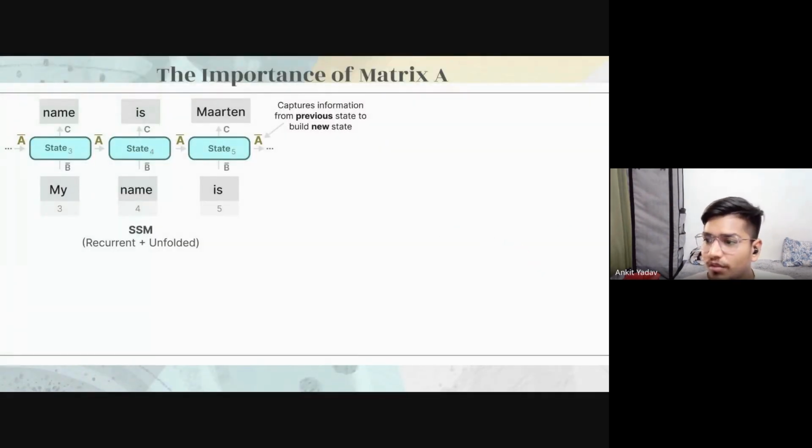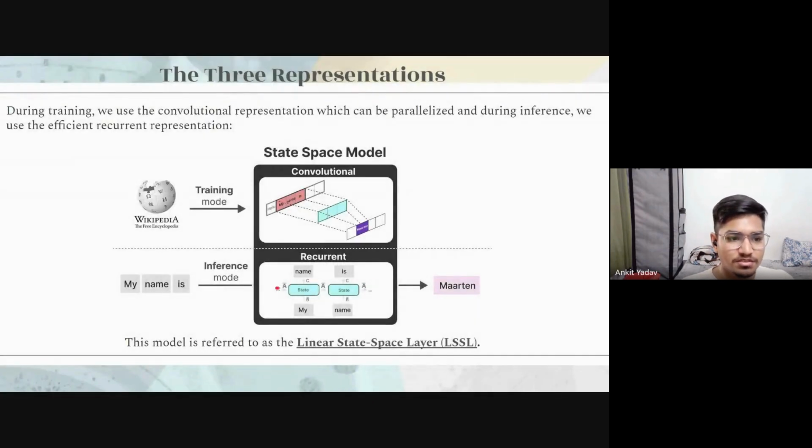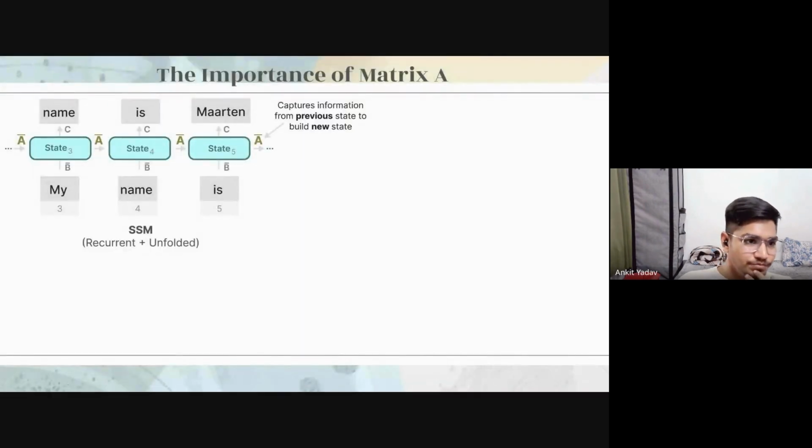Coming to the next part, everywhere we have seen this A matrix is there. This A matrix itself decides what should be the next state. It takes the previous state, we multiply with A, we'll get the next state. So the most important thing right now is the A matrix, and we have to look at how this thing works. What the A matrix does is simply capture the information from the previous state and build a new state.